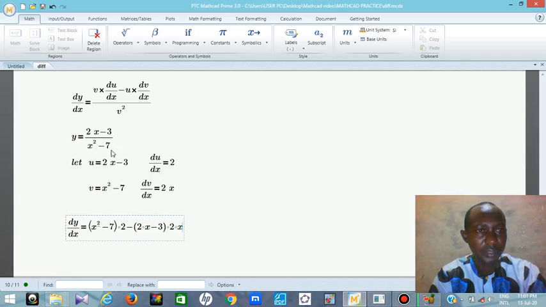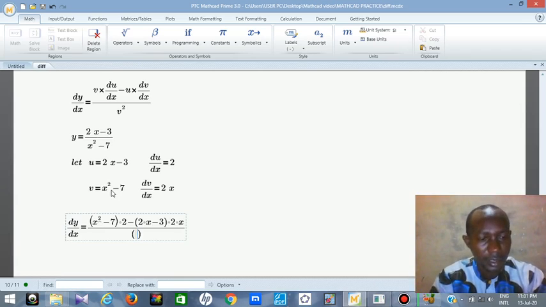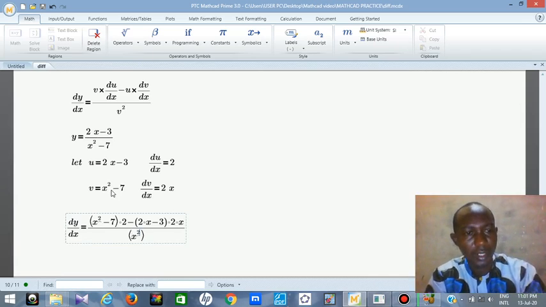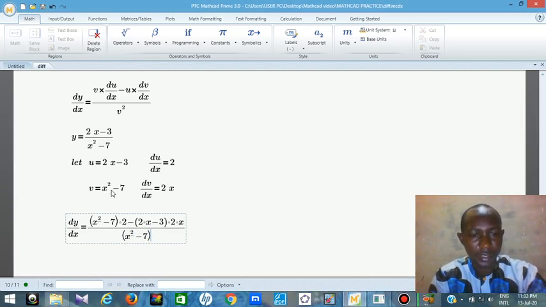Then divided by v squared. What is v? v is this, put it in brackets, (x raised to power 2 minus 7), then you square it, raised to power 2. So that is all.